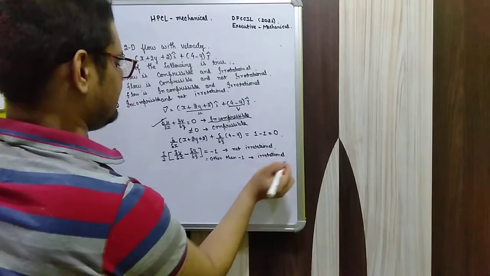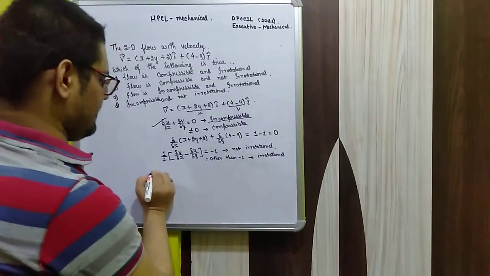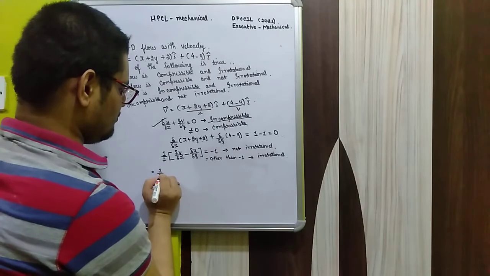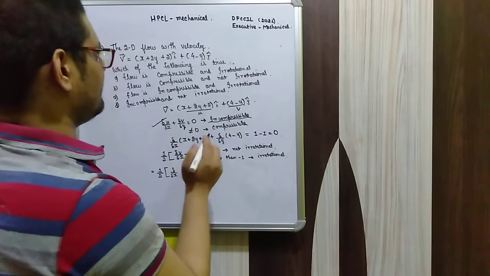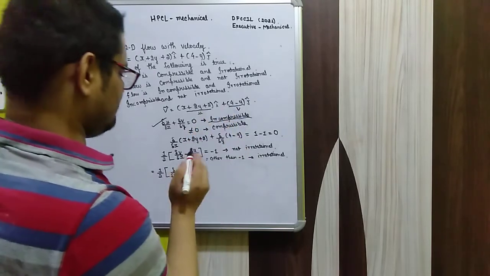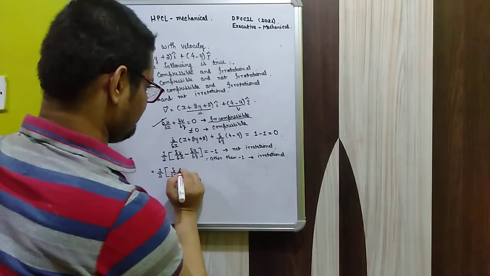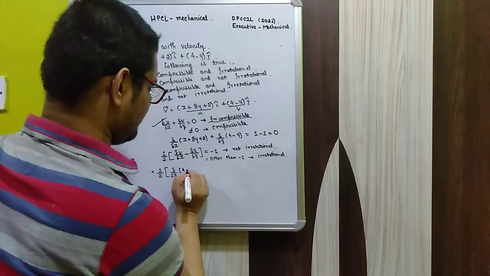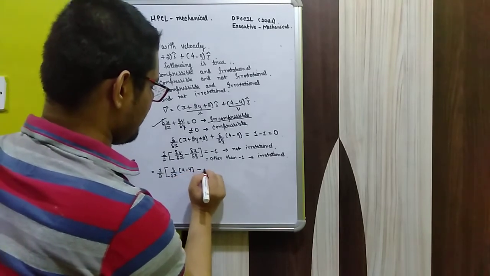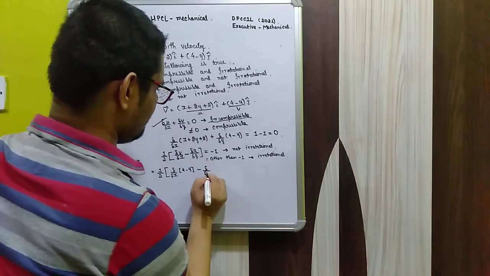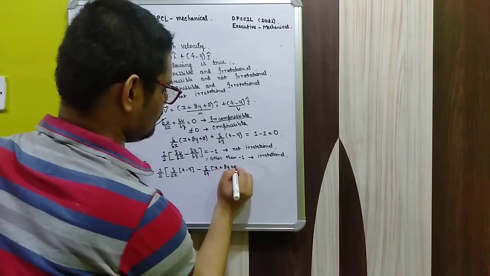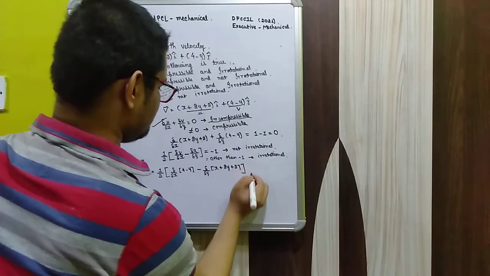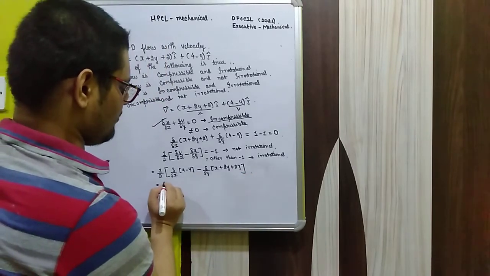So now I check the value over here, I put the value, that is half. So now del by del x of, we put the value v, so we have taken this as v. Okay, so now 4 minus y, minus del by del y of x plus 2y plus 2. Now we put the values and differentiate.